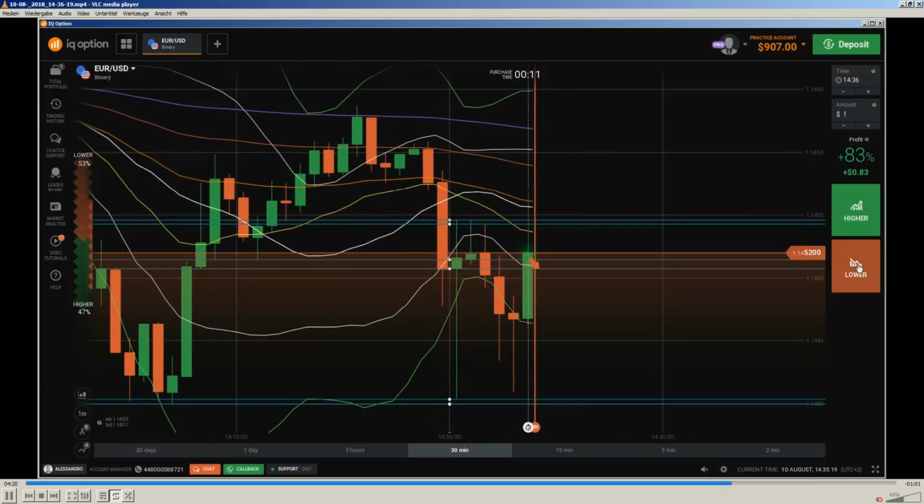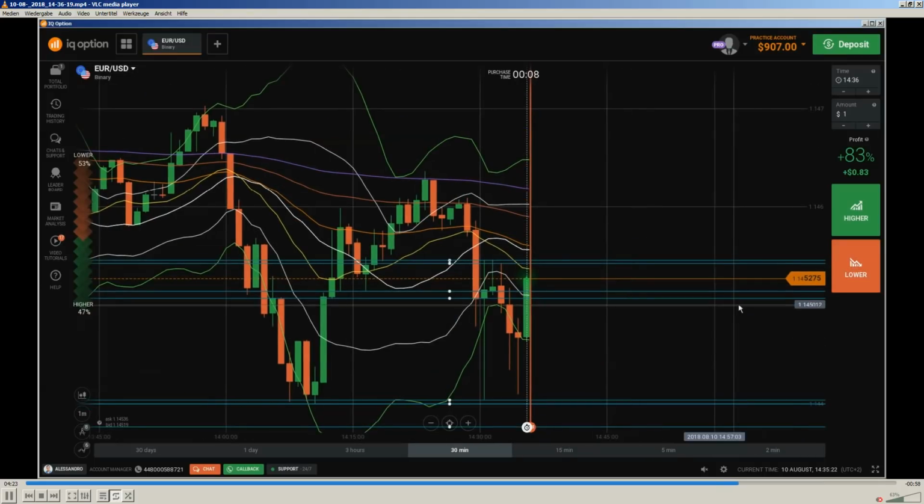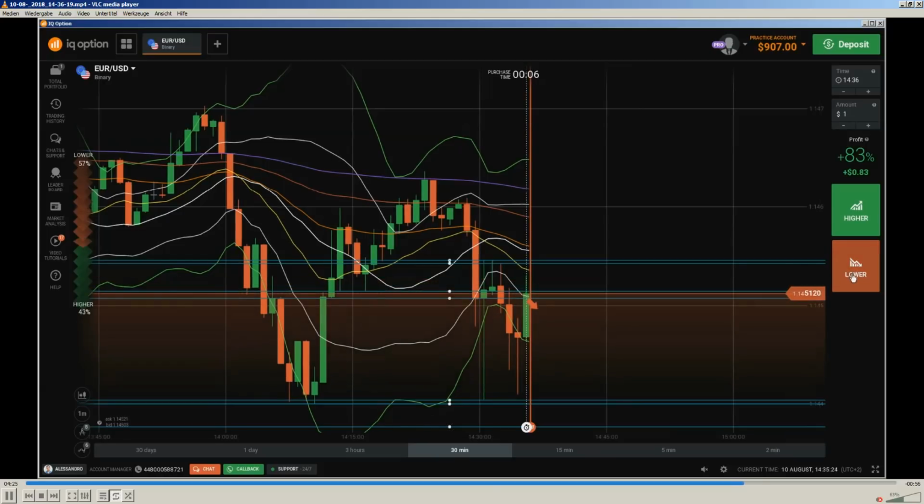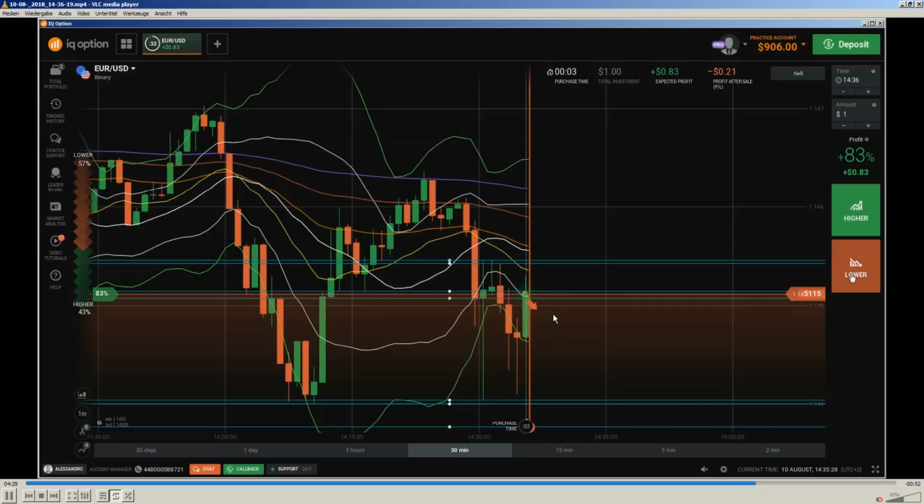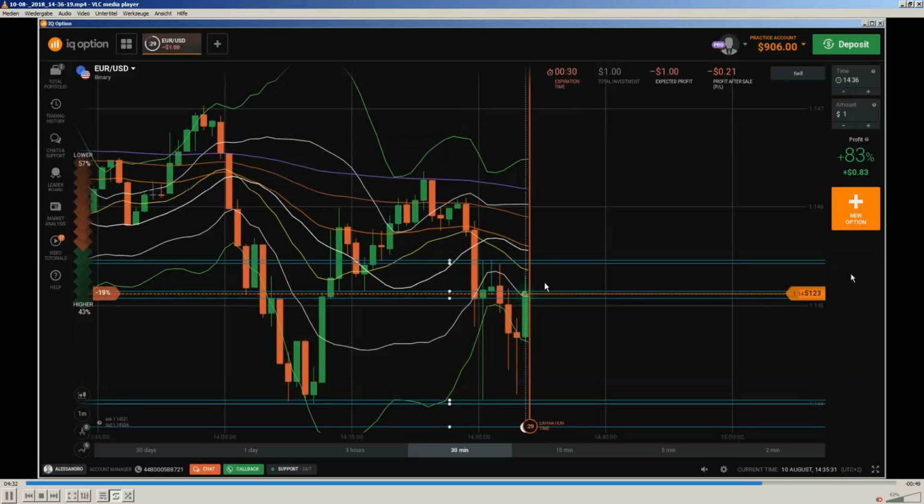Price is going up above this support and resistance level, and that is exactly what I have explained in my last deep explanation video about the entry point.